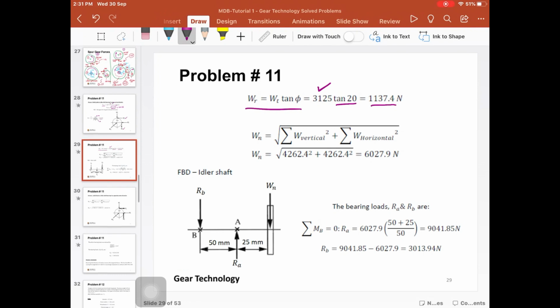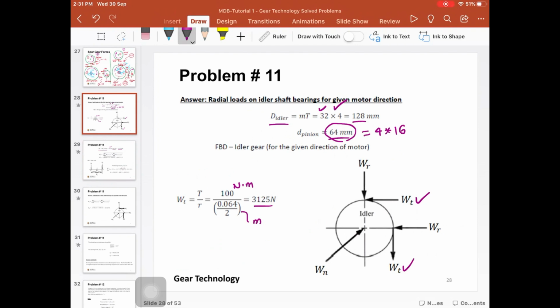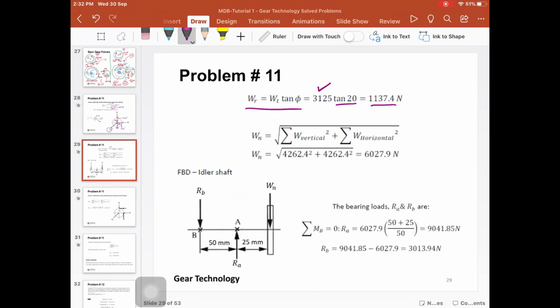So in this case, back again here, guys, you see that WR and WT go in the same direction as the horizontal component, and then WR and WT go in the same direction as the vertical component. So if you wanted to calculate the normal force, or the resultant force, it is the square root of the vertical component squared plus the horizontal component squared.